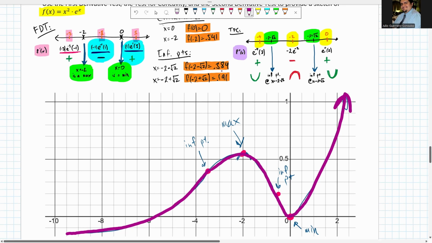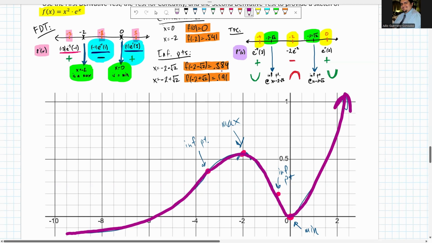And it has summarized all the information from the first derivative test, the second derivative test, and the test for concavity. Okay? Will I be a stickler for exactness here? No. This is definitely a rough sketch. Okay. However, I will critique how heavily you conclude stuff using the information that's been provided.